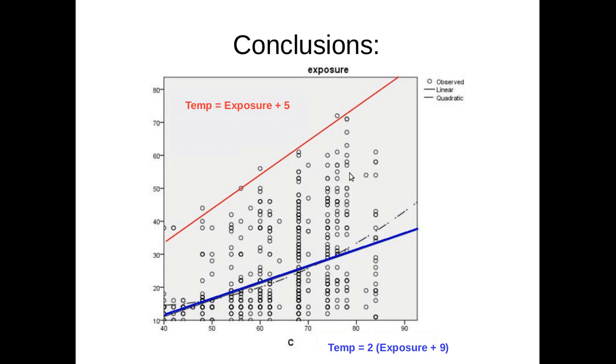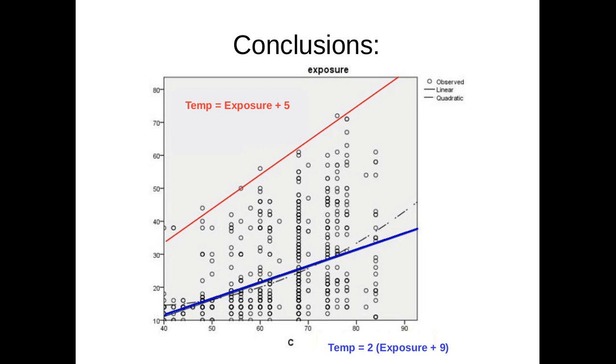And so these formulas look like this. If you're just looking at the average person, then the predictive model is that the temperature is exposure plus 9 times 2. And the other model says if you look at the most exposed person, the temperature is their exposure level plus 5, which means you could never get anything over 105 degrees, because then that person would have nothing on.